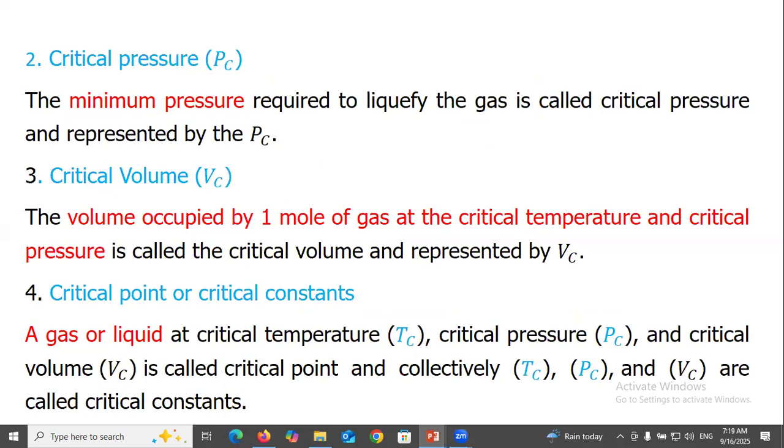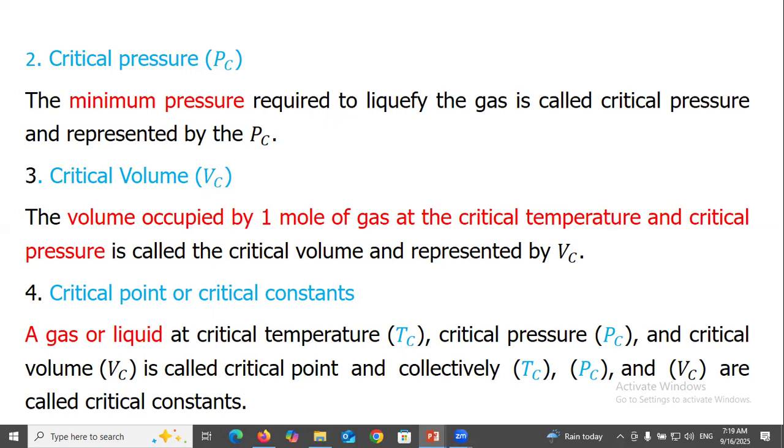Critical pressure, the minimum pressure required to liquefy the gas, is called critical pressure and represented by Pc. Critical volume, the volume occupied by 1 mole of gas at the critical temperature and critical pressure, is called the critical volume and represented by Vc.